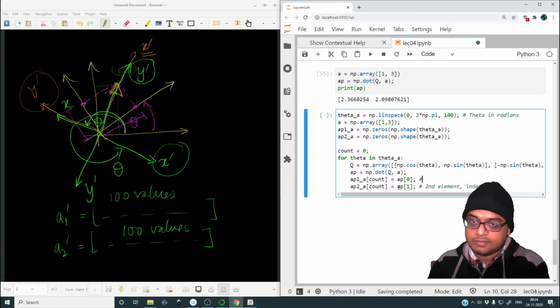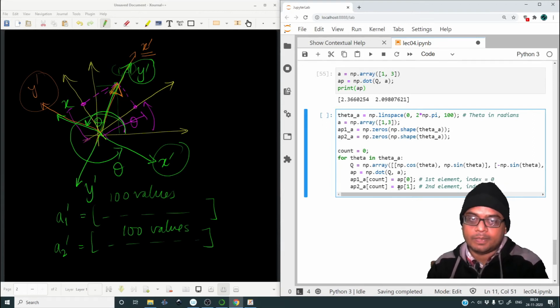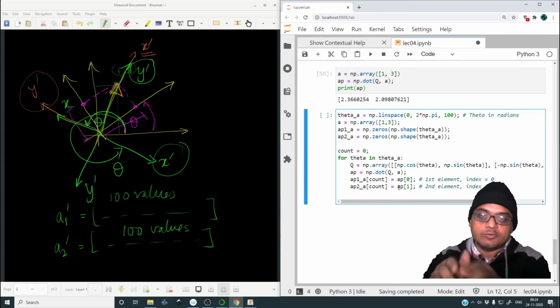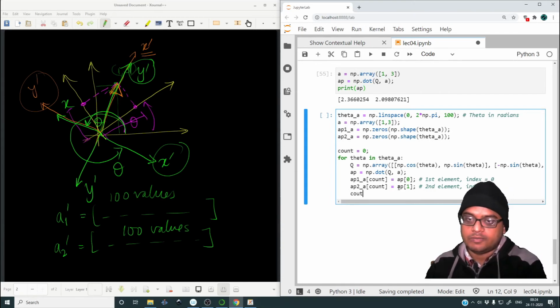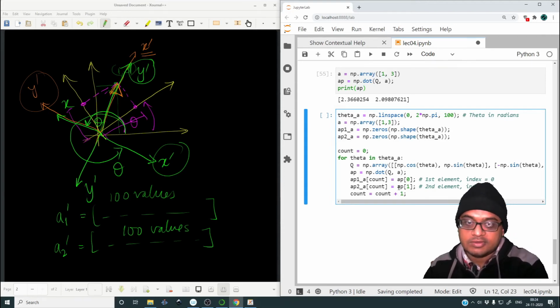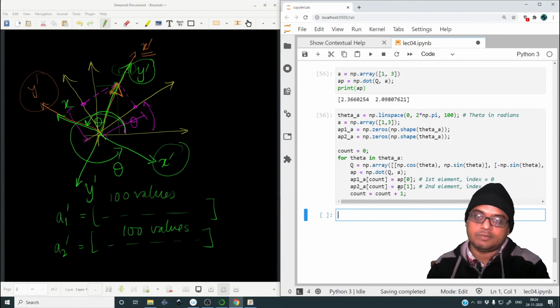This is the first element, but the index is 0. So when count is 0, we have stored it in ap1 underscore a 0 and ap2 underscore a 0. Once this loop has executed till this point, we need to increment the value of count. So count will become count plus 1. Alright, so let us evaluate this entire cell and see what happens.